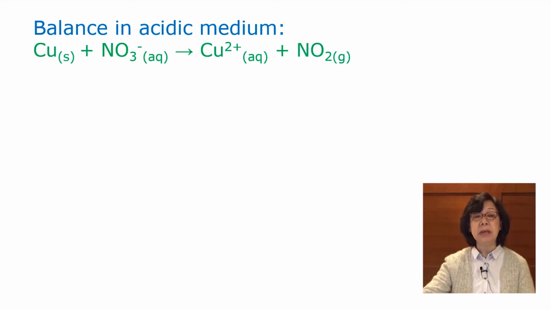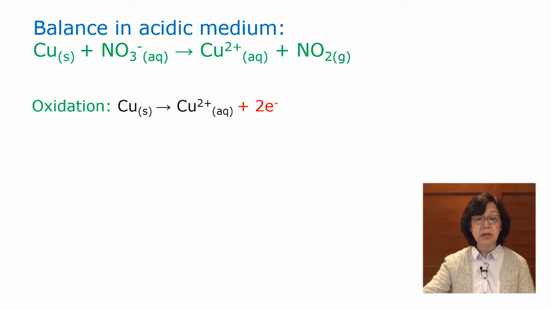Balance in acidic medium: copper and nitrate ion to form copper 2+ ion and NO2 gas. First of all, we would write the half reaction recognizing copper is oxidized into copper 2+, and to cancel out the charge of 2+, we add 2 moles of electrons to the product side.